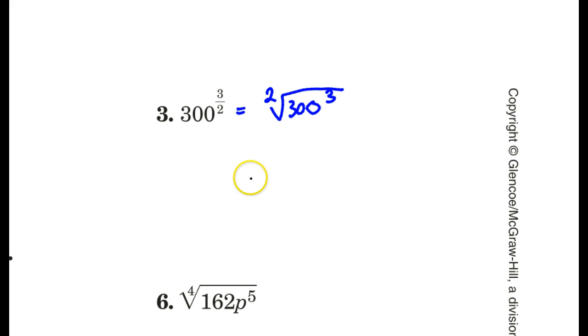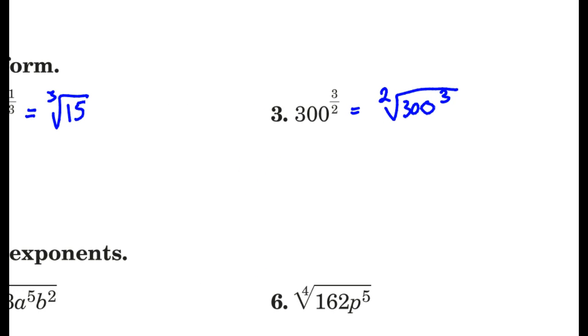Sometimes these can be simplified, so if we went through, we might be able to simplify this. I'm not going to really focus on that for now, but just how to convert. Okay. Just how to convert.